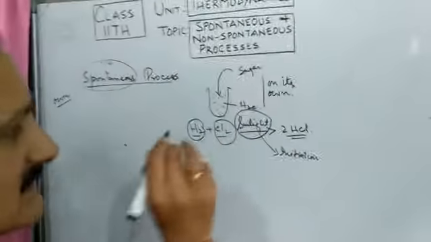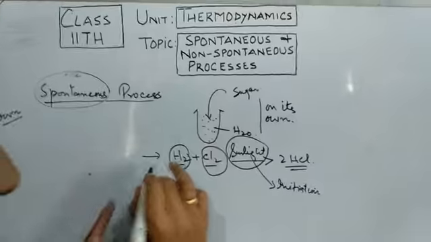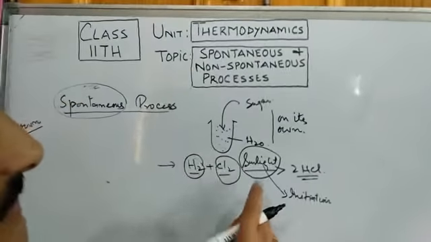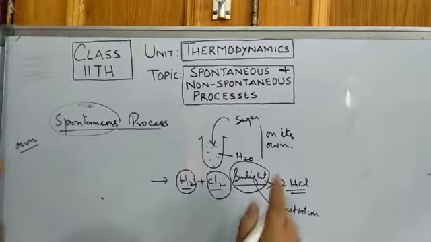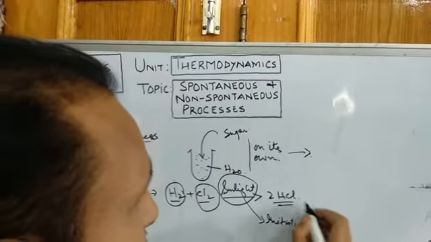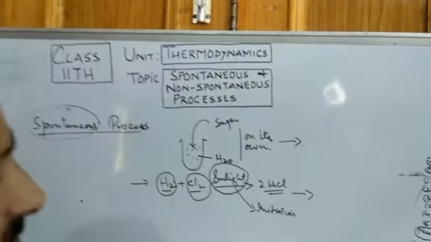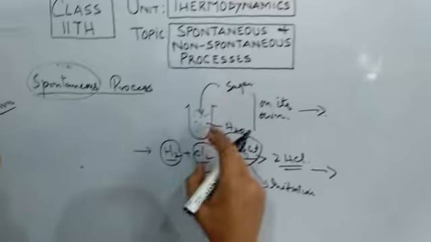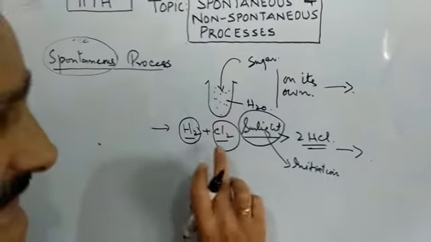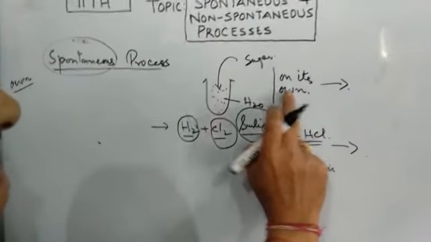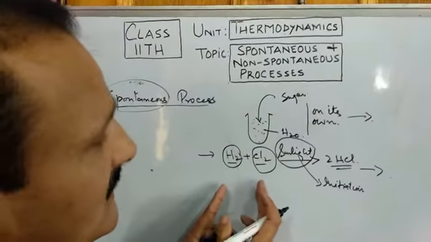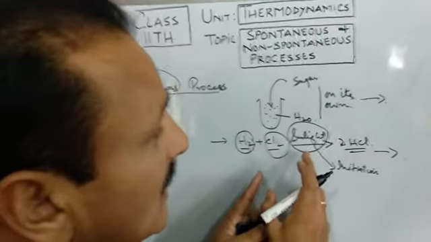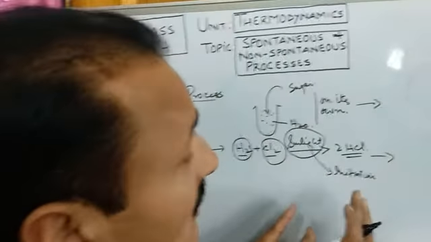So the reaction has taken place but under initiation. Still it is spontaneous. So this is a spontaneous process, and this is also a spontaneous process. The difference between these two spontaneous processes is that this has taken place wholly and solely on its own, while this process has taken place upon initiation, upon start.